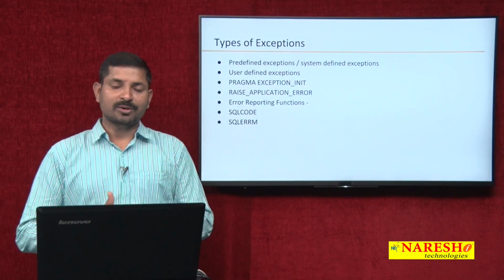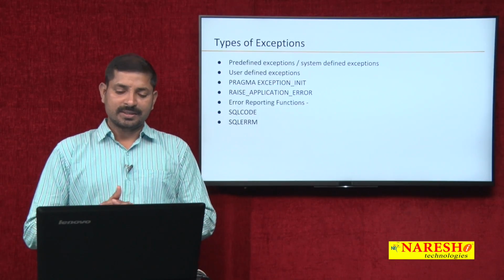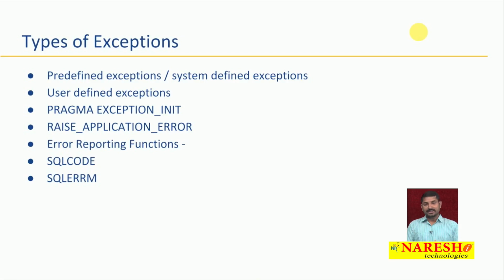Predefined exceptions are also called system defined exceptions. These can be handled in multiple ways: as purely predefined exceptions called by name, using pragma exception init with a user defined name for the predefined exception. You also have error reporting functions like SQLCODE and SQLERRM, and a procedure, raise application error.